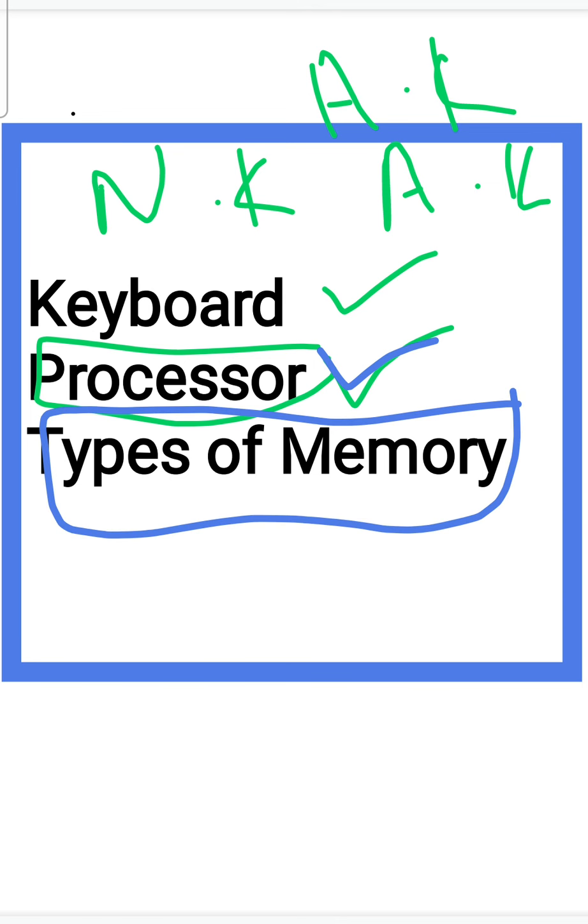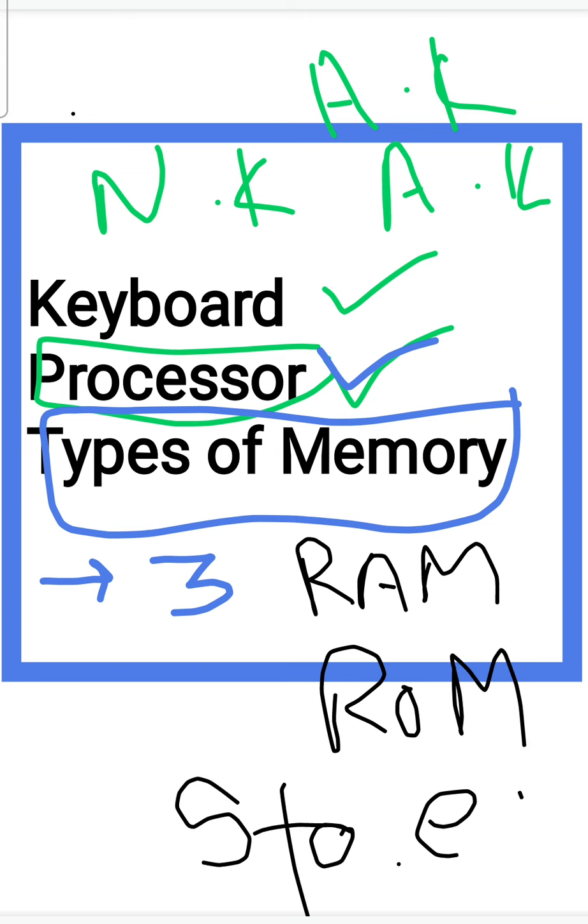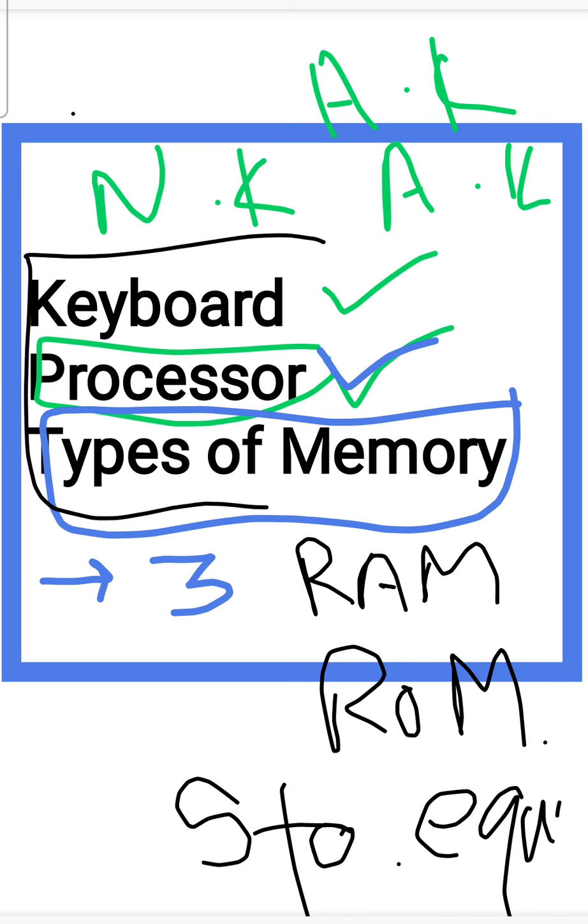After that we saw the types of memory. Memory is a device which writes the information given by the input devices, and there are three types: RAM is the first, then ROM, and the last is storage devices or storage equipment. So today we learned about three very important points.